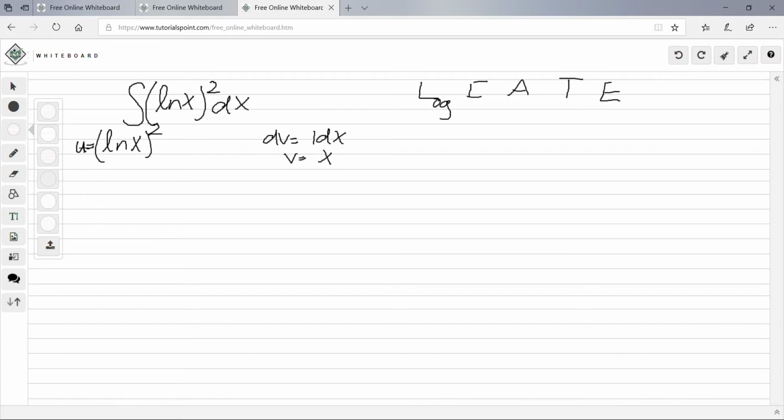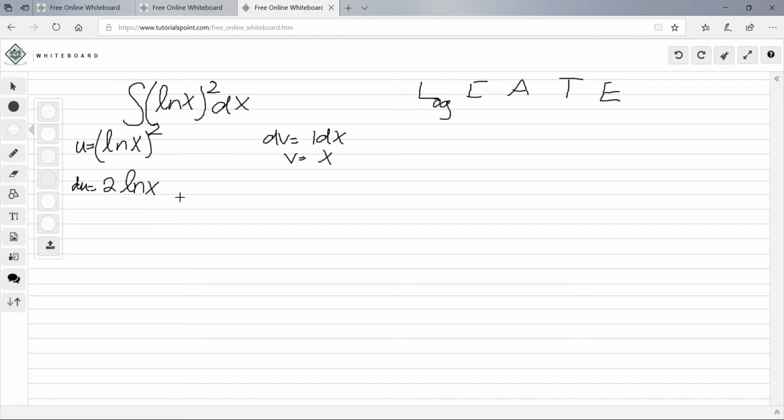Okay, this one, we gotta take the derivative of this one. This is kind of tricky. It's the power rule, right? So it's 2 times ln x. We're gonna use the power rule and the chain rule, right? 2 times ln x, and then times the derivative of ln x. So it's 2 ln of x, and then 2 minus 1 is 1, so there's a power of 1, but I don't want to put it.